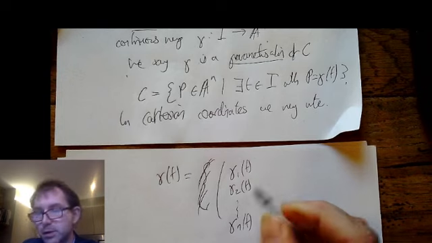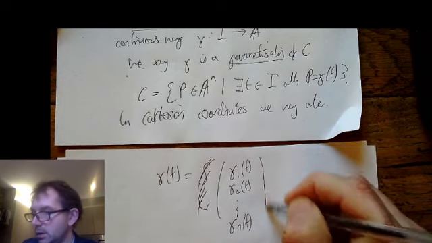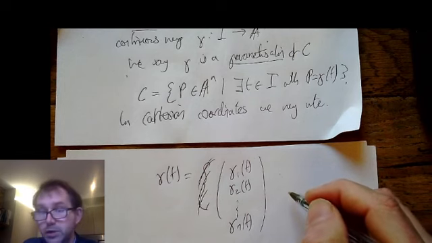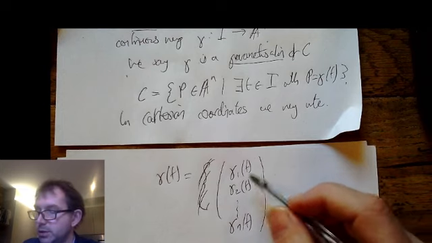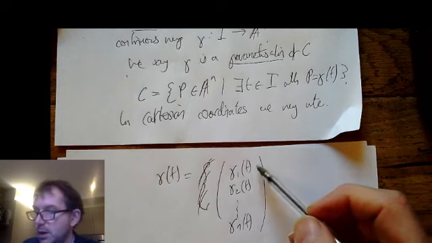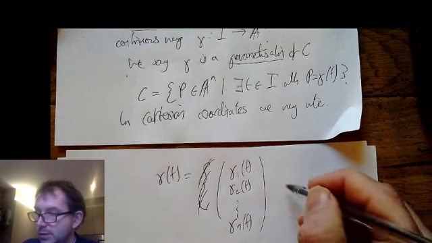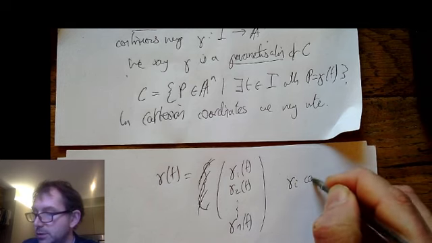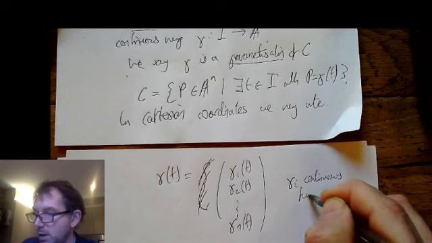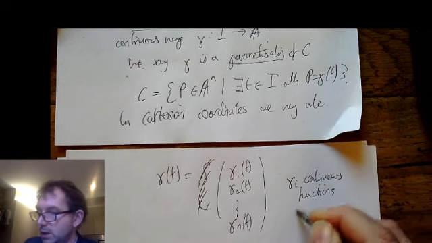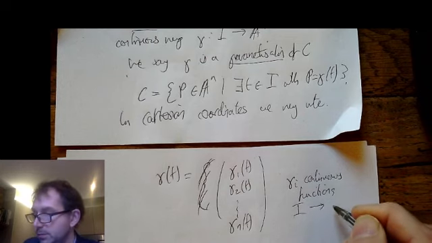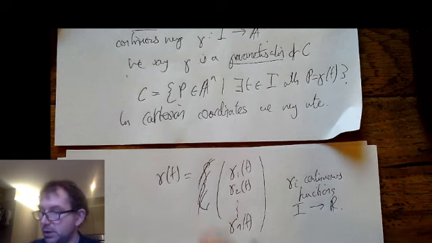So we need n coordinates. These are the coefficients of those coordinates, and because projection is a continuous function, composing two continuous functions is also continuous, it follows that these gamma i's are continuous functions, and they are taking the interval that we start with and producing something within a real number, because they're just single coordinates.